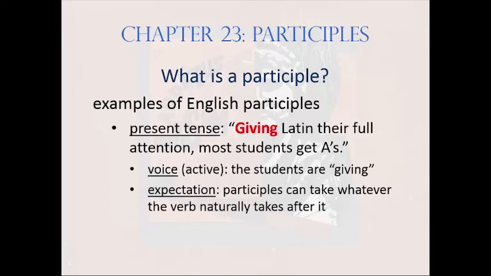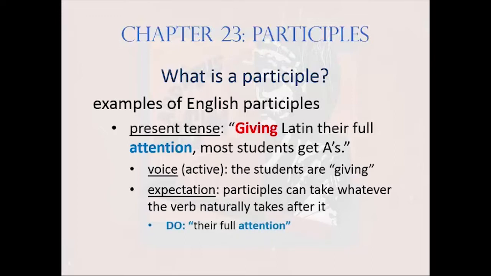And by being active, giving naturally expects what most active voice verb forms take, a direct object. In this instance, their full attention. And because the meaning of the verb give expects an indirect object, you give something to someone, the participle has an indirect object. Here, Latin. In other words, to Latin.